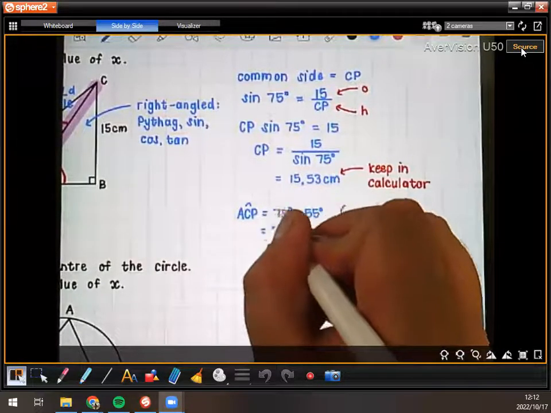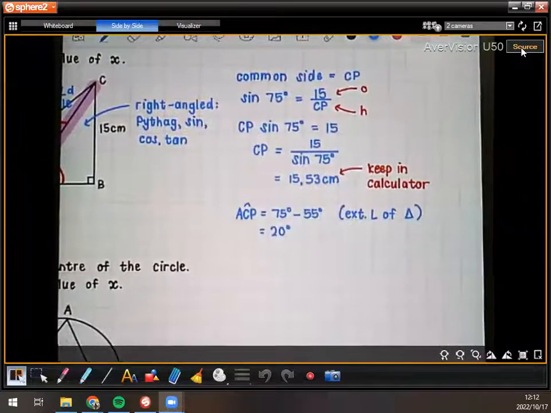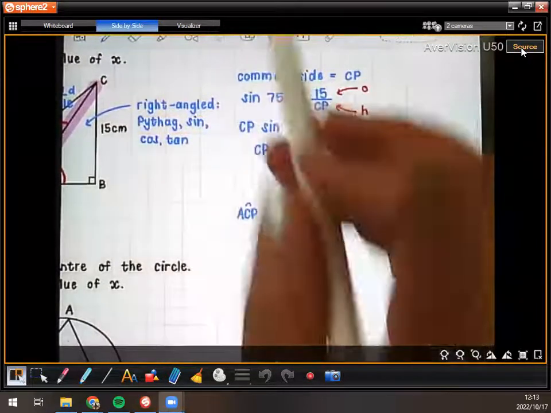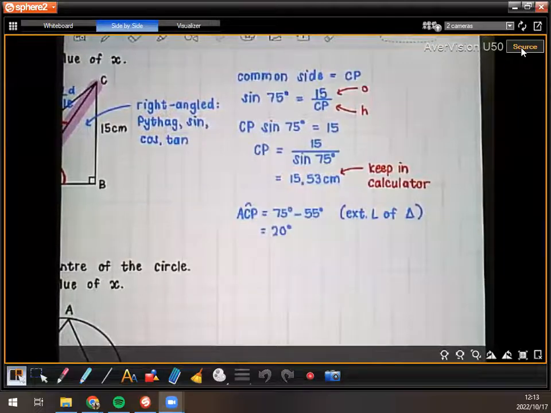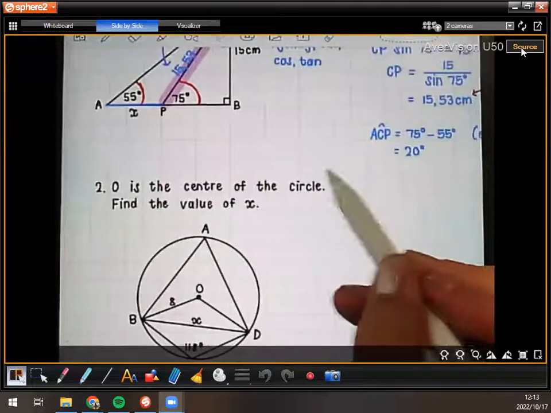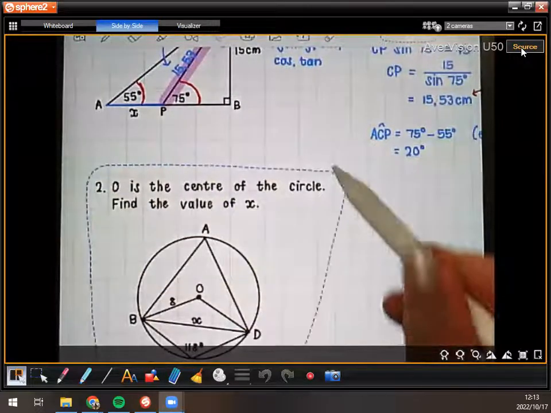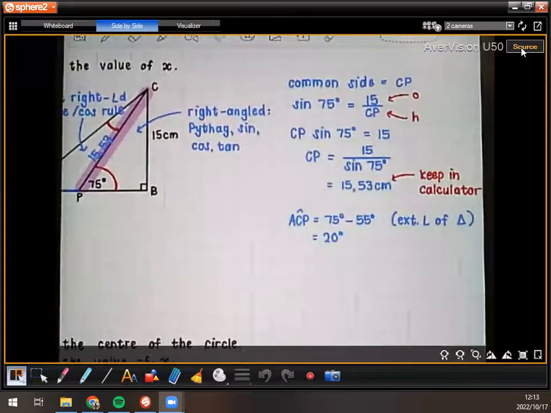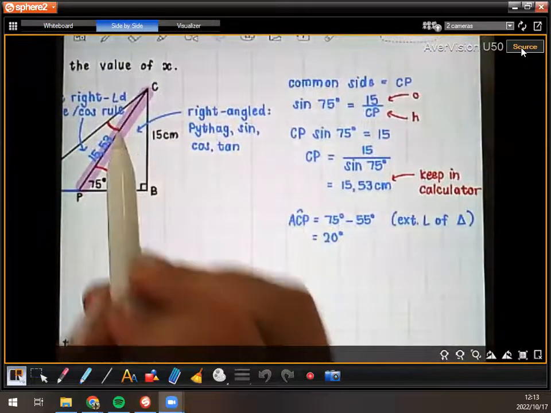So angle ACP is 20. You can also just write ACP equals 20 straight away. You don't have to actually show this, but you must have that reason. I'm just going to move it down again. All right, so now we have that angle is 20.